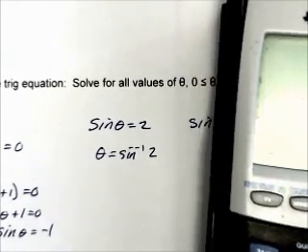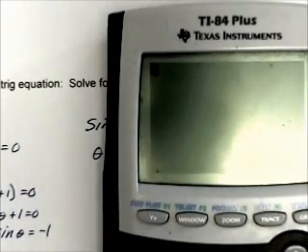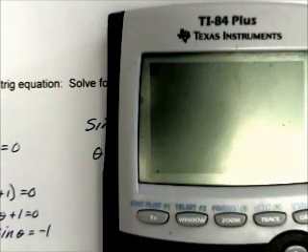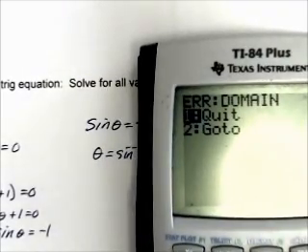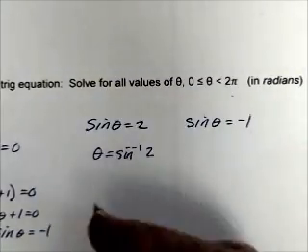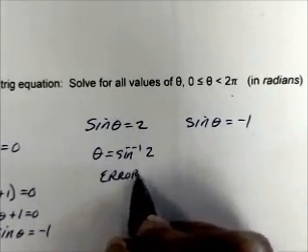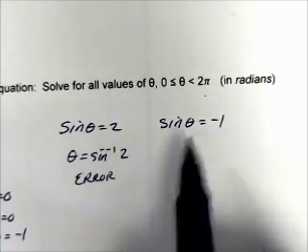So there is no angle that has a sine value of 2. Let's check it again, make sure we're in degree mode. If I do second sine of 2, the calculator gives me an error. There is no angle.